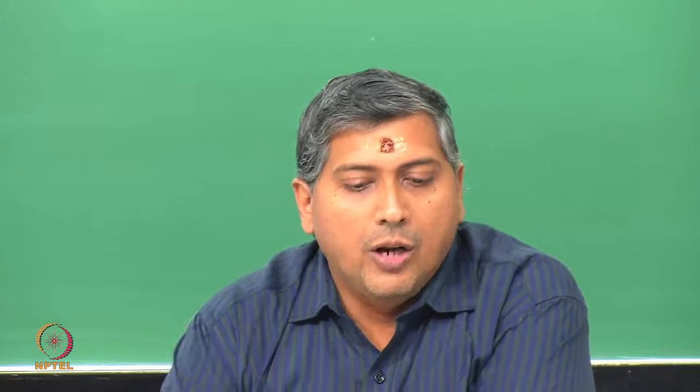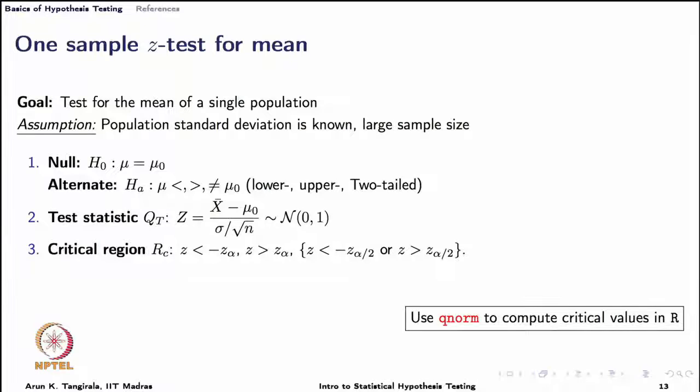All right. So, now what we are going to do is, we are going to just simply illustrate these ideas and concepts on one example, which corresponds to the one population. When we say one sample, it is actually saying one population test for mean. I say Z test because conventionally people talk of Z test, T test and so on, which I am not so much in favor of.